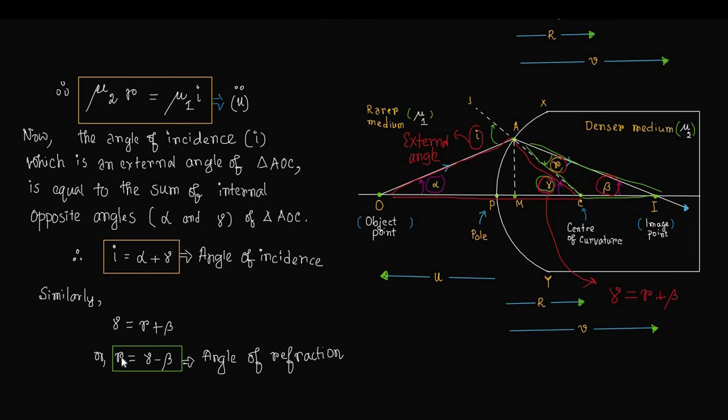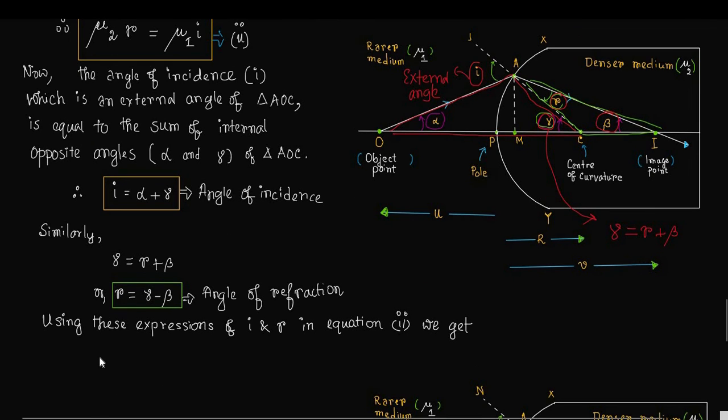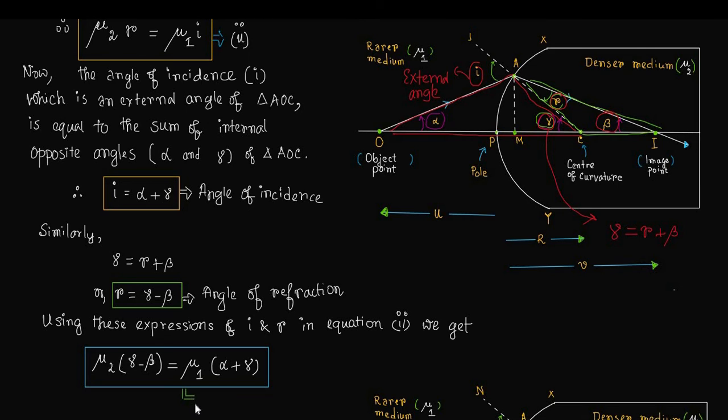Using the expressions of angle of incidence I and angle of refraction R in equation 2, we get mu 2 into gamma minus beta, which will be equal to mu 1 into alpha plus gamma.